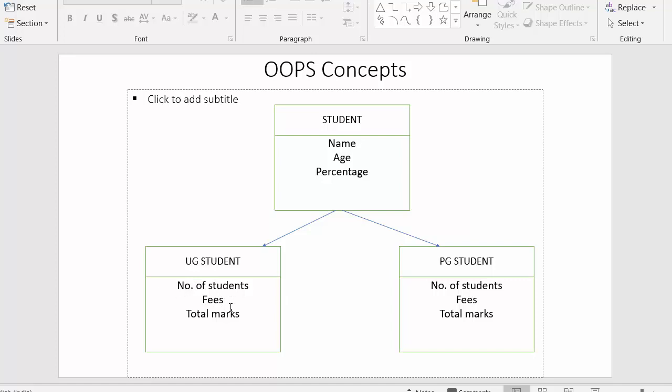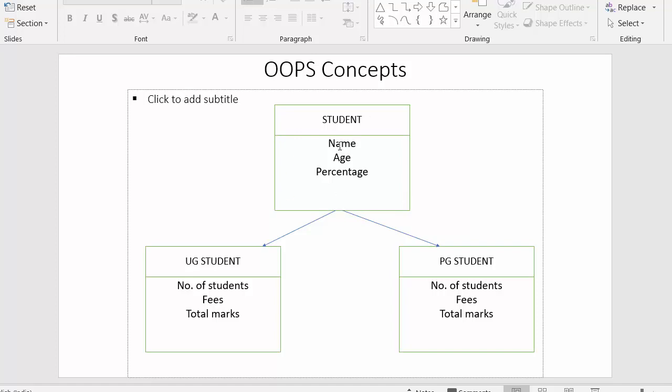The number of students, fees and total marks are not common to all the other classes, so that's why I have declared this information only in the UG and PG classes. Whichever data members are common in all the classes, I have declared in a base class. This I can call the base class.